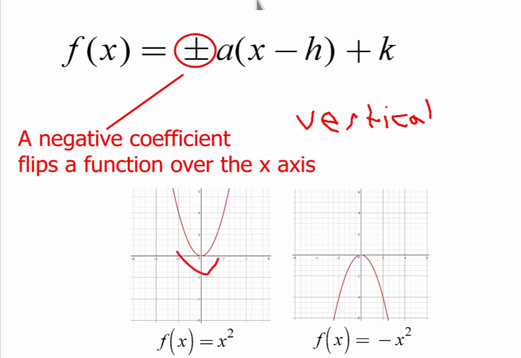If I have f of x equals x squared, the parent function, and I put a negative on the front of it, all that does is it flips it upside down and makes it f of x equals negative x squared. And it flipped it vertically. All right, so that's all this plus or minus sign does. If it's negative, it flips the function.